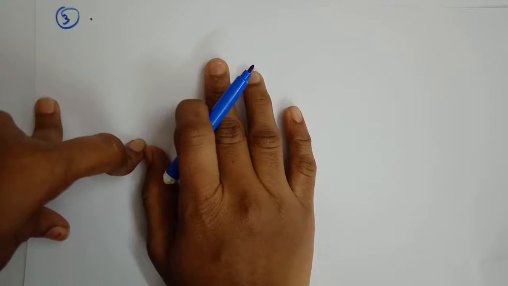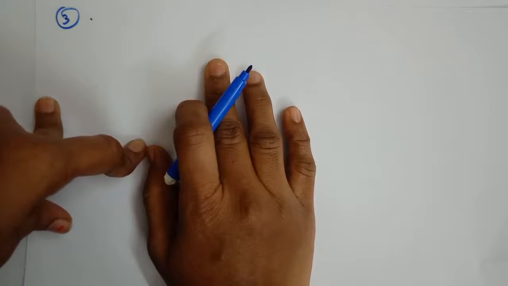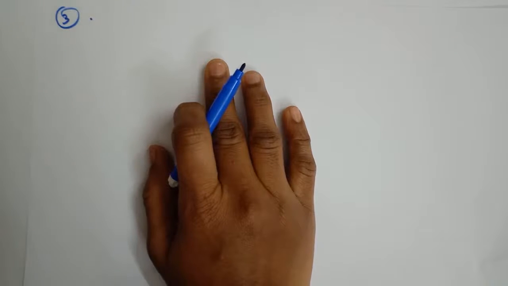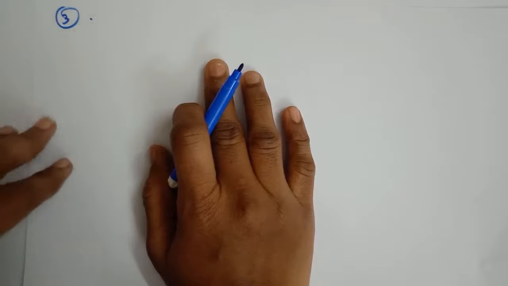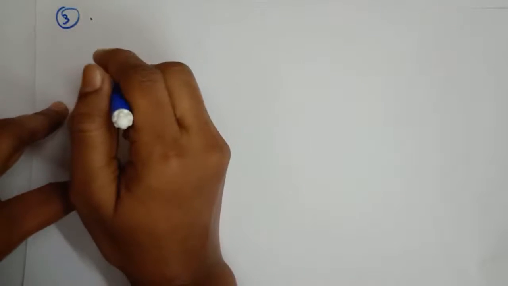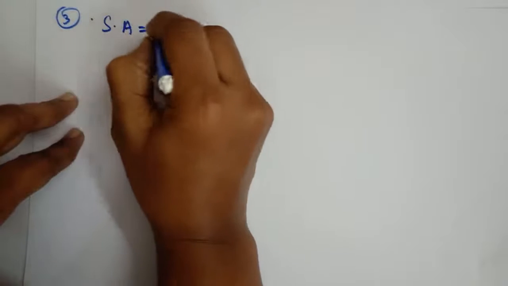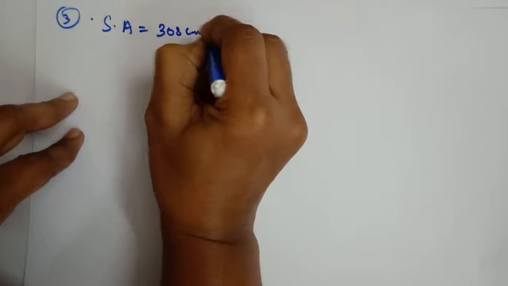Then listen students, next third question. Curved surface area of a cone is 308 centimeter square and its slant height is 14 centimeter. Find, here there are two subdivisions, the radius of the base and the total surface area of the cone. Curved surface area, that means surface area, is equal to 308 centimeter square.